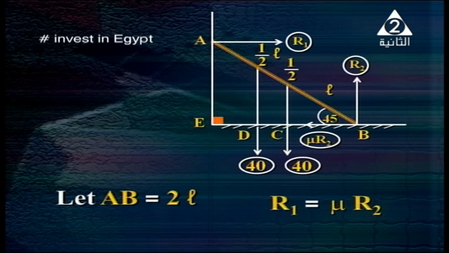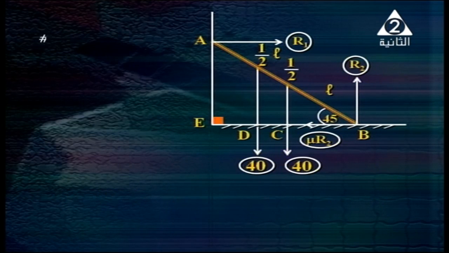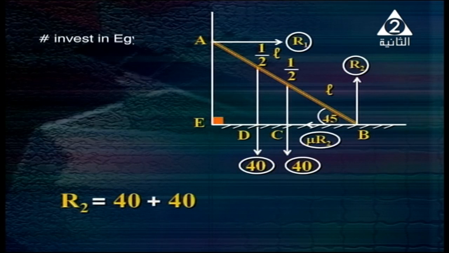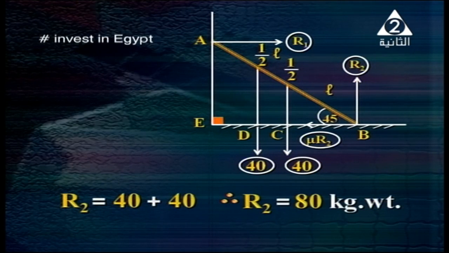Then R1, look at R1 equals mu R2, the friction coefficient mu times R2 equals R1, and R2, the opposite force, equals 40 plus 40, which equals 80.